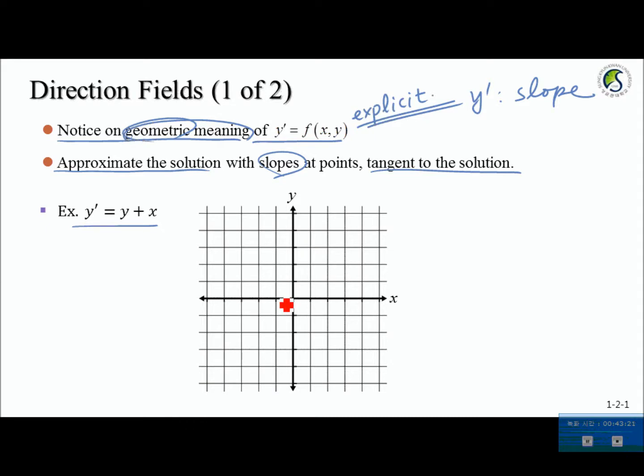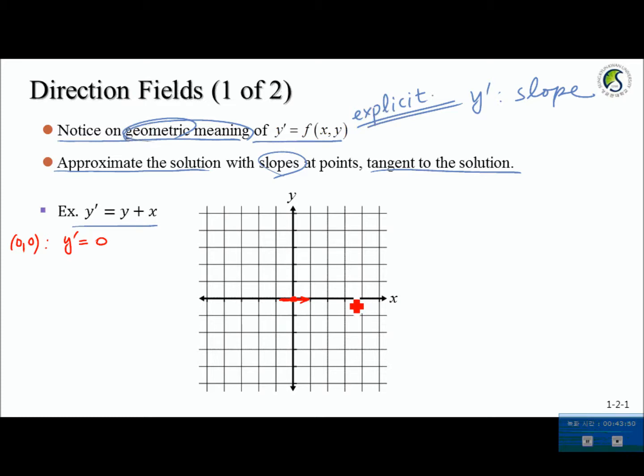So for example, we can pick as many points in space as we want to see how the solution looks. Let's say we pick (0, 0). Then y prime at that point will be 0, so slope-wise it's just a simple horizontal line. That's a tangent to the solution at that point.